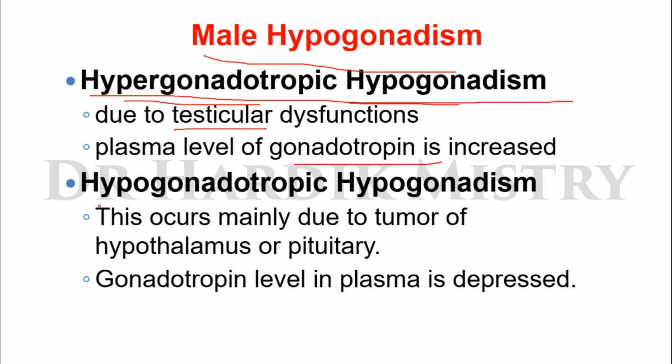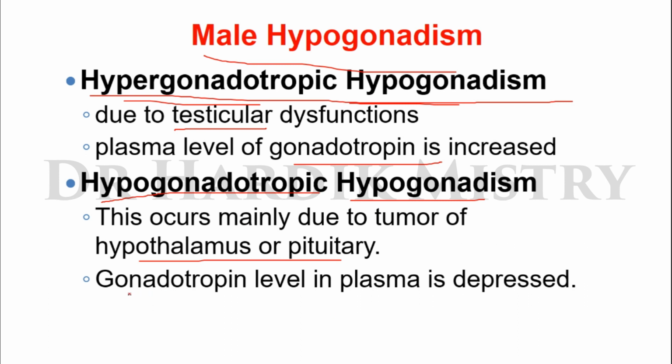And the second condition, hypogonadotropic hypogonadism. In this condition, there is abnormality of the hypothalamus or the pituitary gland, mainly due to a tumor of the hypothalamus or the pituitary gland, so that the gonadotropin releasing hormone is not released from the hypothalamus, and in turn luteinizing hormone and follicle stimulating hormone are also not released from the anterior pituitary gland.